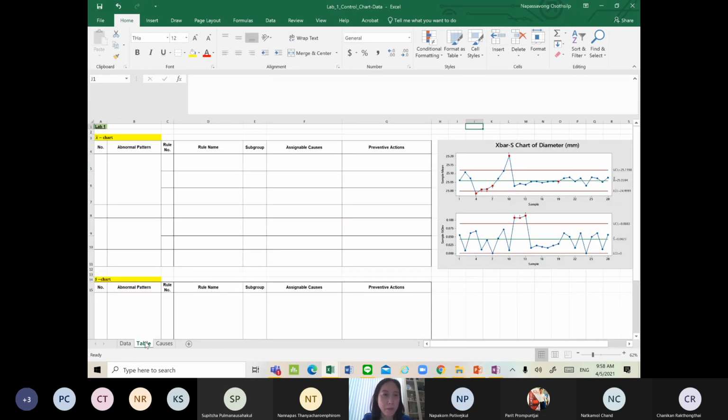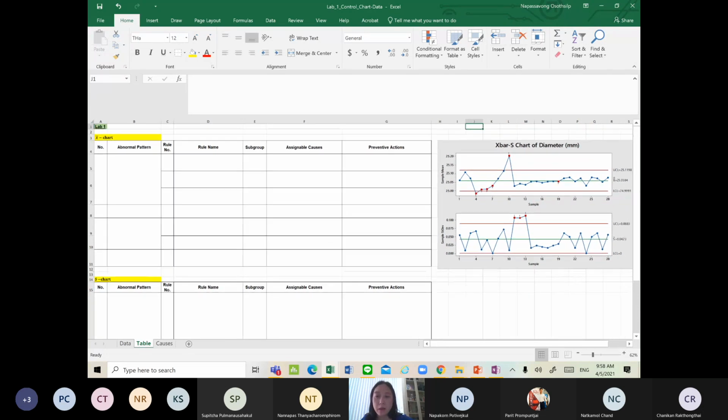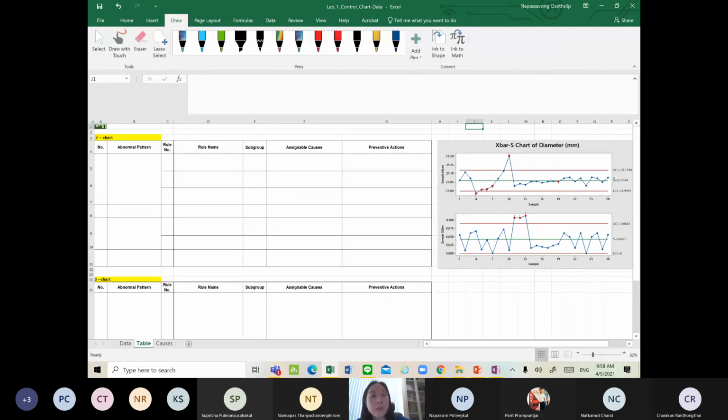Okay, if you go back to the table worksheet, what I expect you to do is, for example, if you take a look at the chart here, the number in the table means the number of the abnormal pattern that you see.